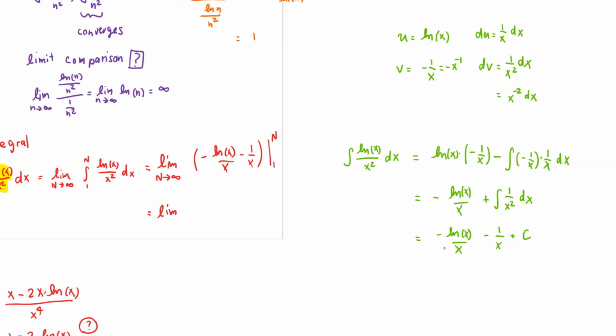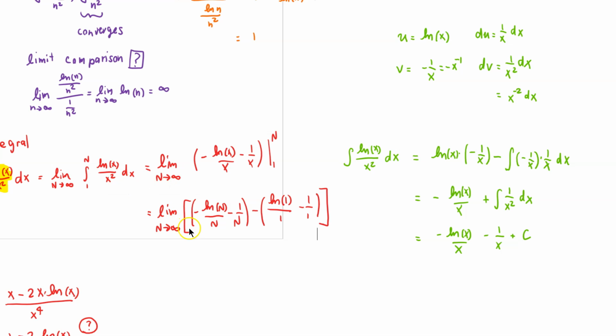Okay, so it's going to be the limit when n goes to infinity. If I plug in x equal to n, I'm going to get negative log of n over n minus 1 over n, minus, I plug in x equal to 1, so it's going to be log of 1 over 1 minus 1 over 1.